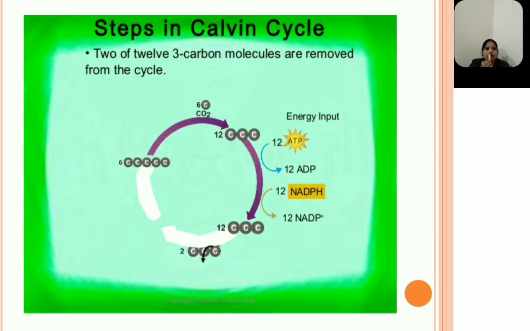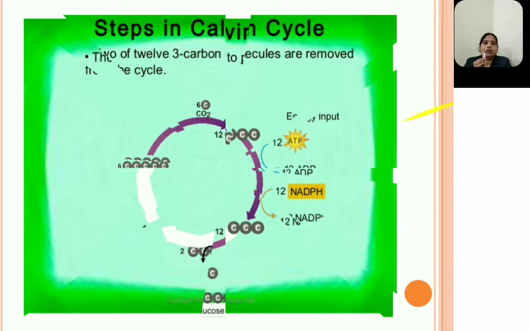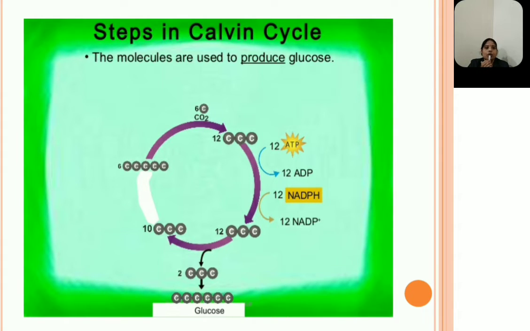Out of these 12 molecules of 3 PGA, 2 molecules are used to synthesize a glucose molecule. Only 2 molecules are used to synthesize the glucose molecule, and the remaining 10 molecules are used in the next step.